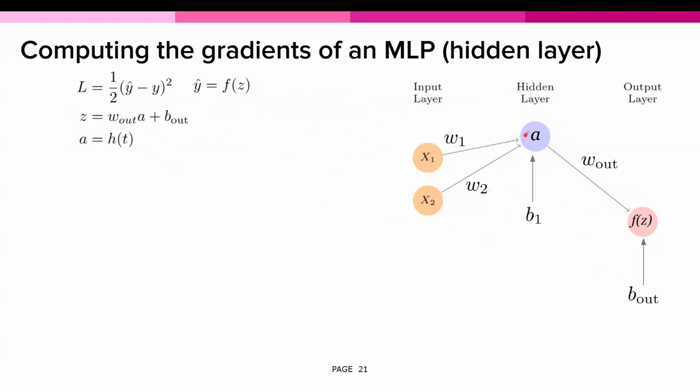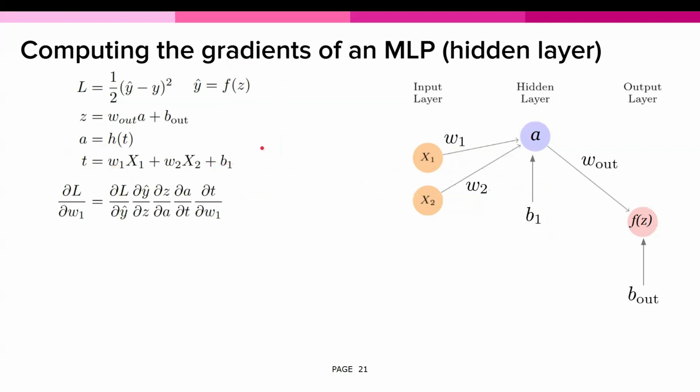To get the activations A, the output of this purple node here, we're going to apply some other function h to t, and t in turn is going to be the total current flowing into this purple node. So that's going to be w1x1 plus w2x2, and then the bias into this hidden node there. So this is our model for the multi-layer perceptron.